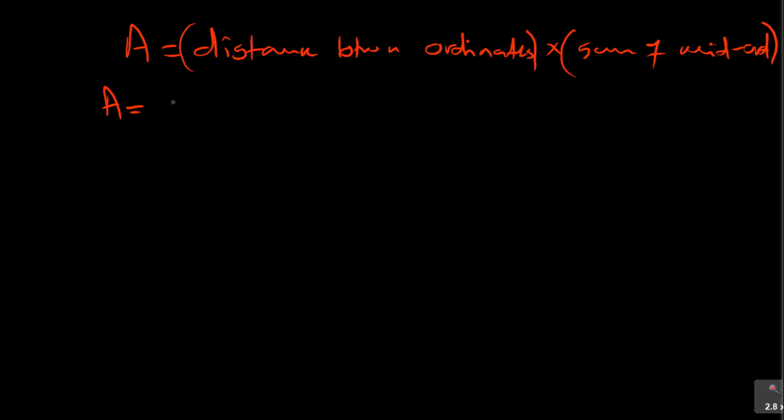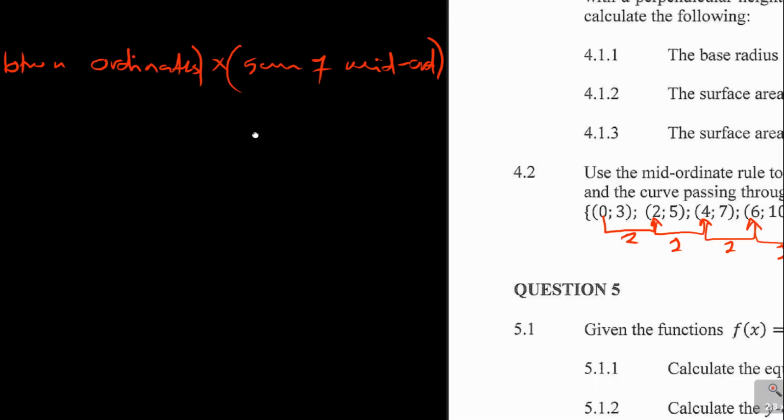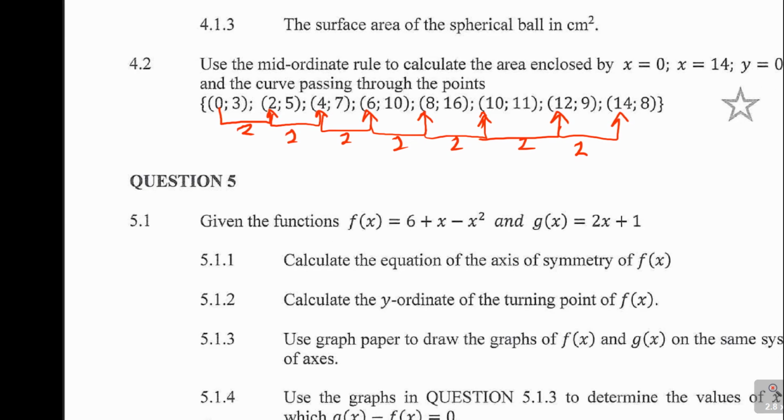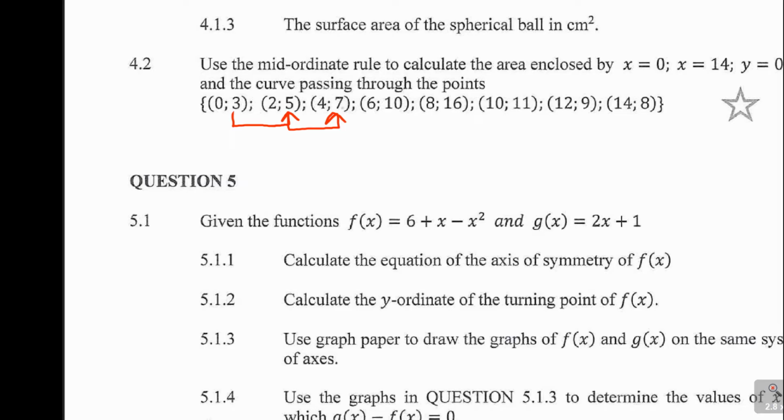Is equal to 2 times, now they are saying sum of mid-ordinates. What do you do on the sum of mid-ordinates? Look at this. We look at the first one, now focus on 3 and 5, focus on 5 and 7, focus on 7 and 10, focus on 10 and 16. That's what you must focus on. So what do you do?